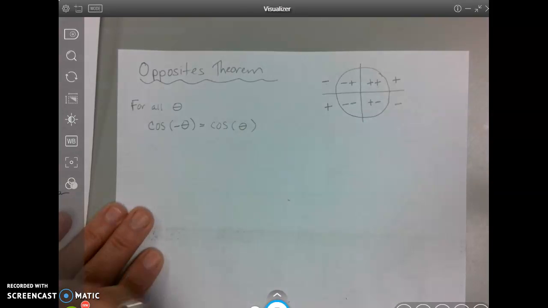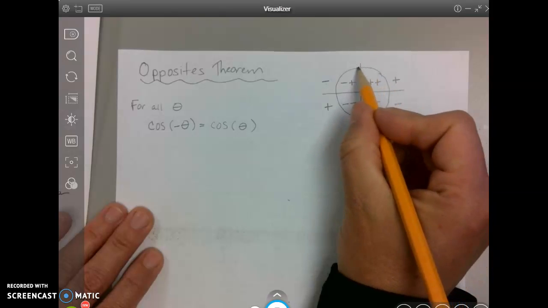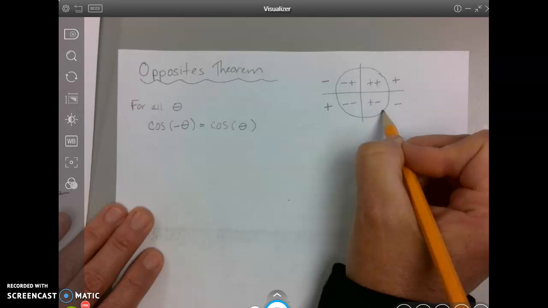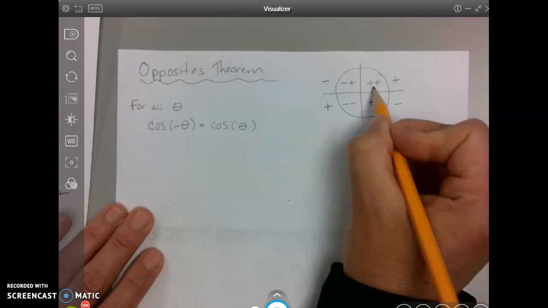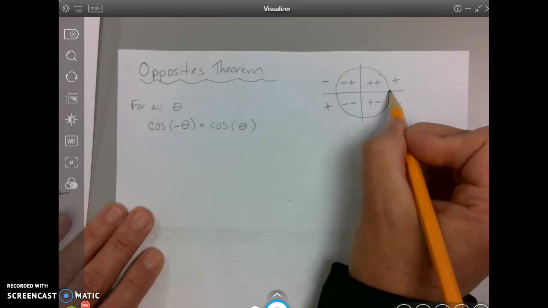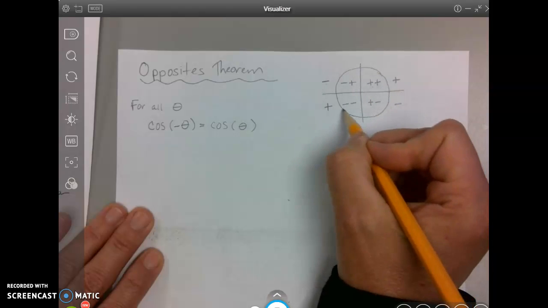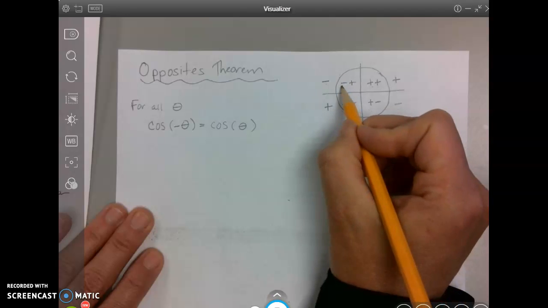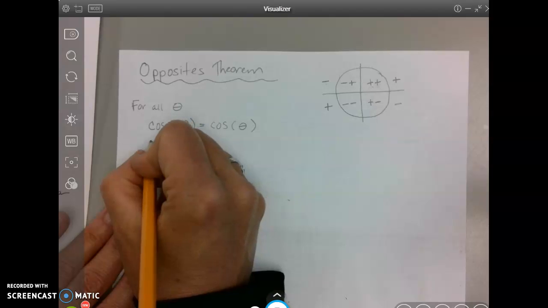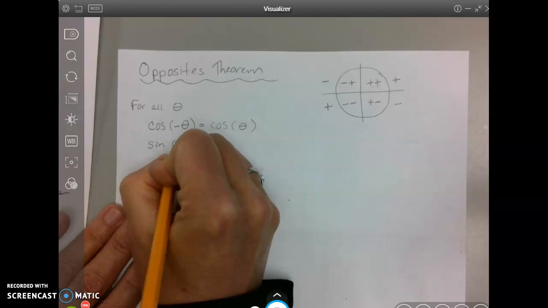It doesn't matter if I go to the first quadrant or the fourth, which would be the opposite direction. Cosine stays positive. If I'm at positive 120 or negative 120 degrees, cosine is negative either way. Now let's look at what happens with sine.